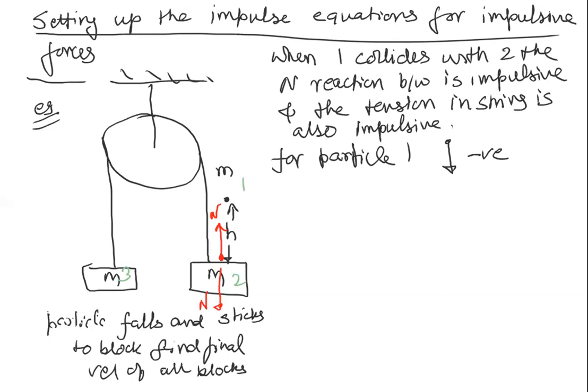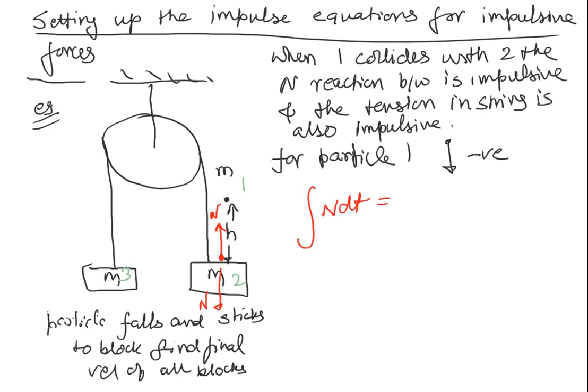So the impulse due to the impulsive force of normal reaction on the particle 1 will be integral N dt. This will be positive because the direction of N is upwards, and I have taken the downward direction as negative, upward direction is positive. It is equal to the change in momentum as a consequence of this impulsive force.